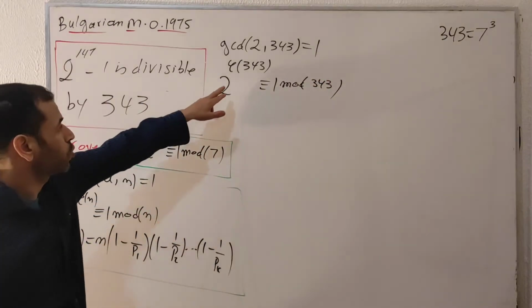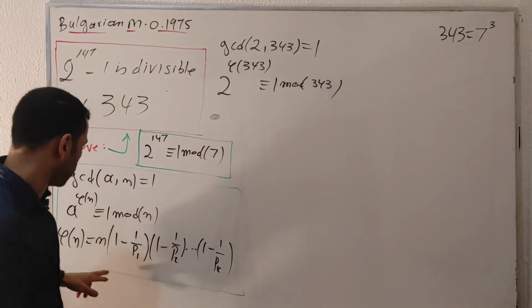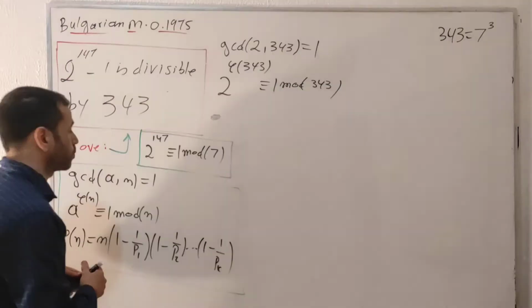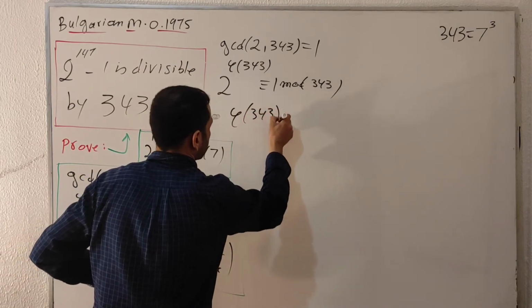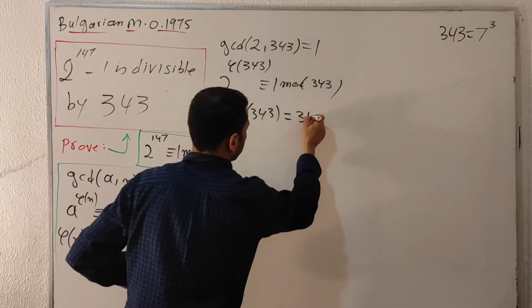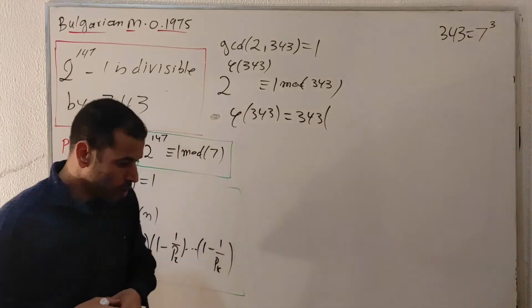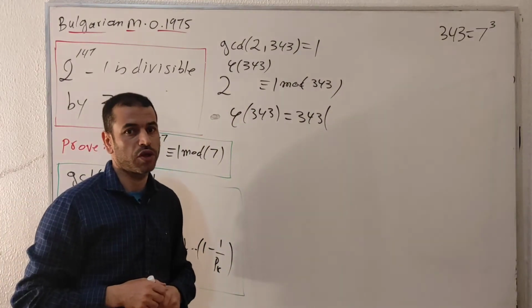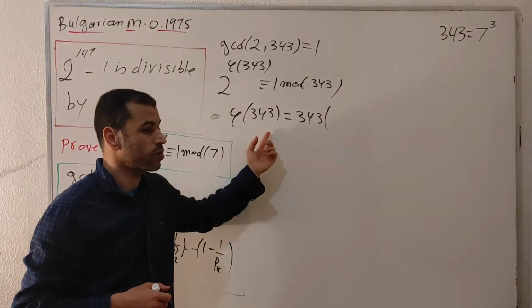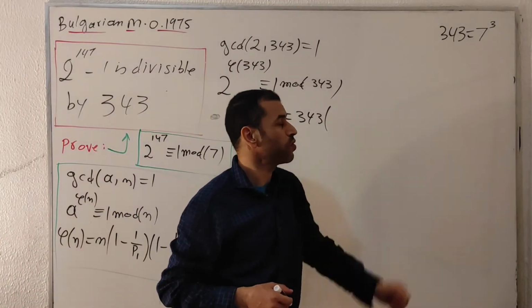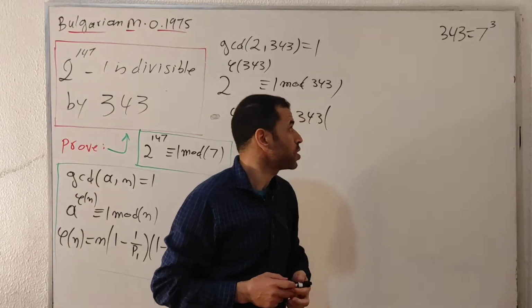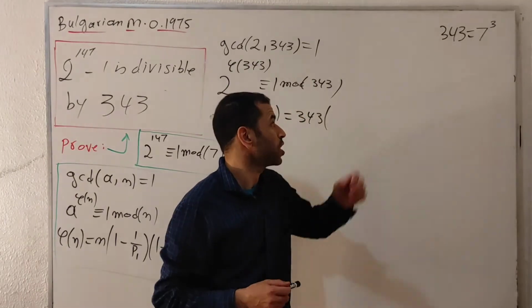Now I'm going to calculate phi of 343 by applying this formula. So phi of 343 equals 343 times the product over its prime factors. As we said before, 343 equals 7 cubed, so 7 is the only prime divisor of 343.